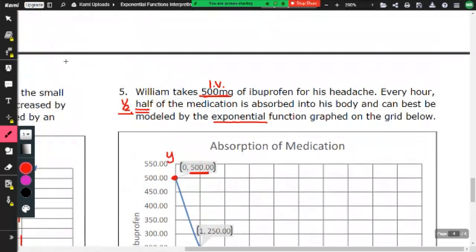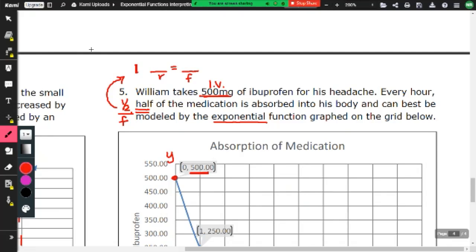So 1/2 represents my factor. Get your head up. We can use that factor and we use our formula: 1 plus or minus the rate equals the factor.